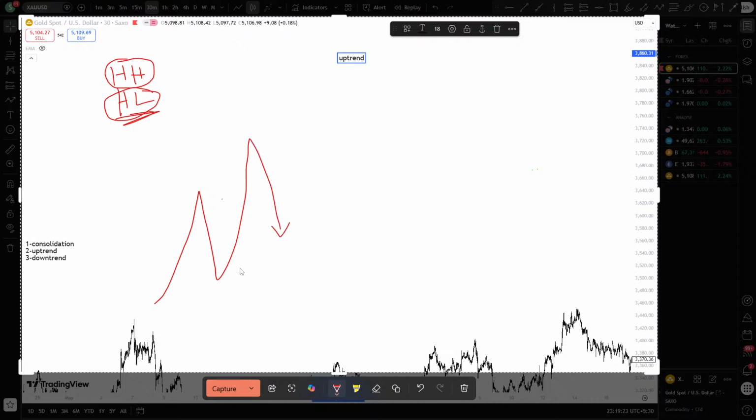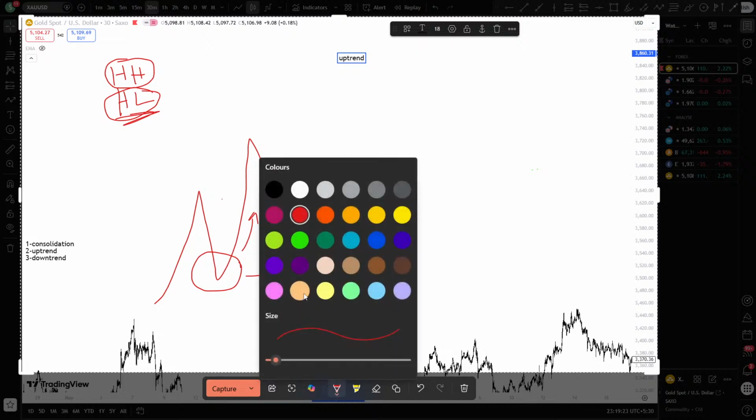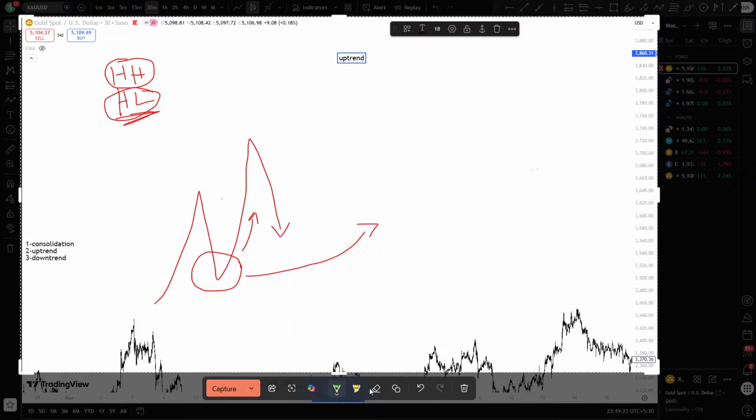So how can we know that at this point the market is about to go up? How can we know? There is something that the market is supposed to do for it to show you that at this particular time it is about to go up, or about to continue with the direction that it is going.